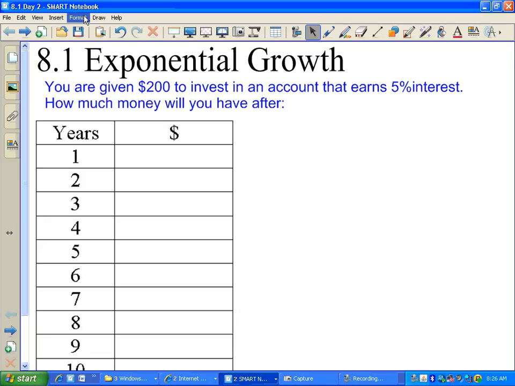The one thing that's not on this chart that you need to understand that's hidden is there should be a column that says year 0. And the amount of money that I start with in year 0 is $200. So after 1 year, I'm going to have 5% interest. Well, with your handy-dandy calculators out there, what is 5% of $200?